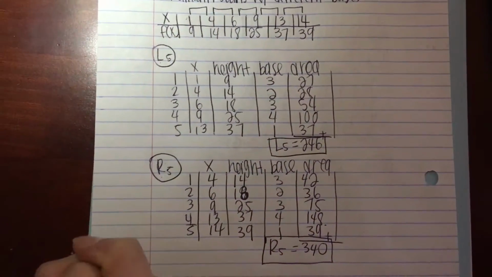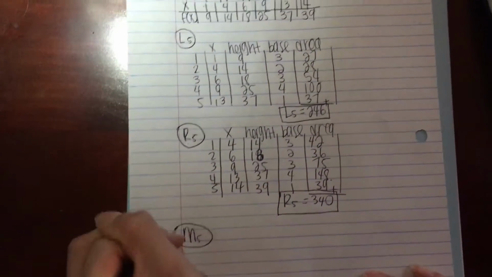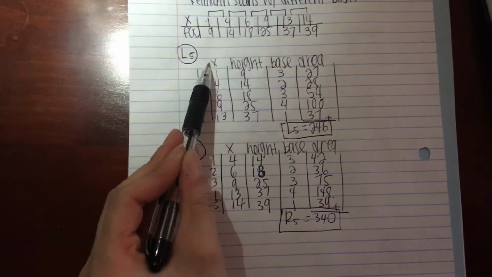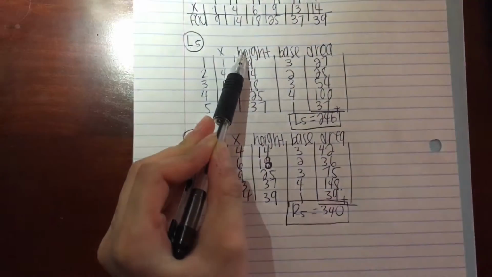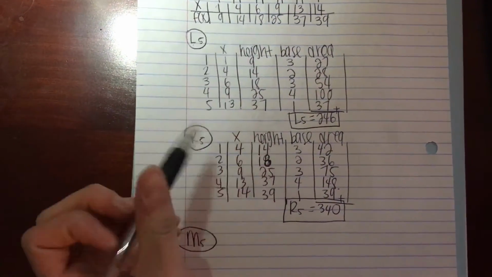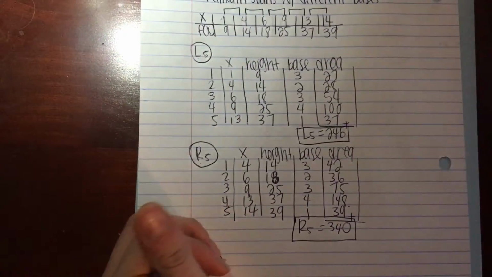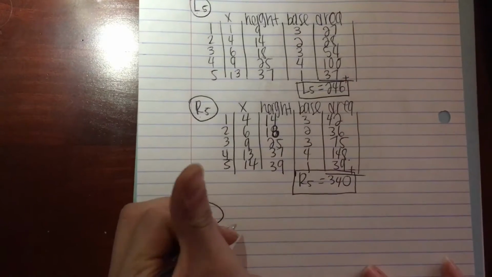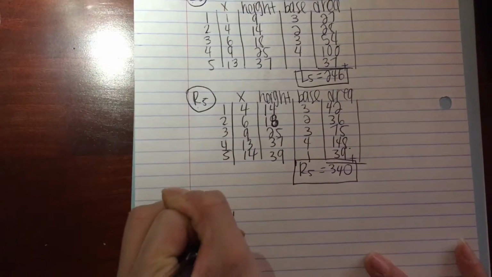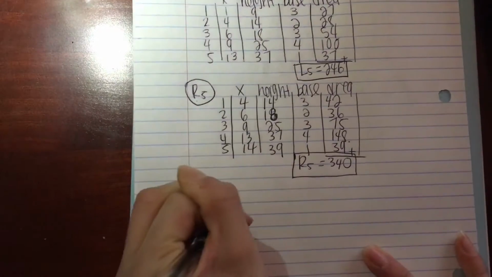Now I am going to do the midpoint of 5. Kind of the same thing, it's just going to be on your x's and your height. Instead of going left hand or right hand, you're going to go in between those numbers. So some of these you're going to have like half of a number, and I'll show you in just a second. Go ahead and write down the rectangles that you're using, 1, 2, 3, 4, and 5.